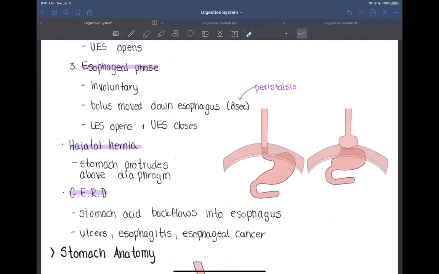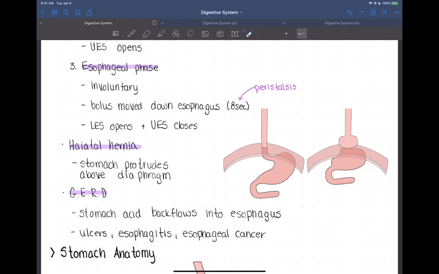All right. There can also be trauma that can cause this to happen. Somebody who is dealing with severe vomiting, right, that can cause that stomach to protrude up above the diaphragm. It can be very dangerous, because it becomes a little easier for stomach acid to get up into the esophagus. And also you don't want to constrict this little region of the stomach either, disconnect it from the rest of the stomach.